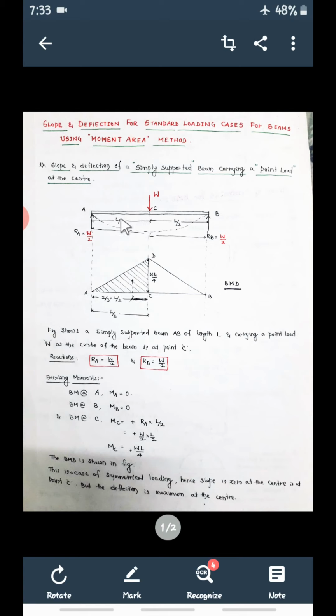Now see, for this beam, theta A is there, theta B is there, but deflection at A, that is YA, is 0, YB is 0, but YC is there. Here slope is 0, but deflection is there. So that we are going to find out now.